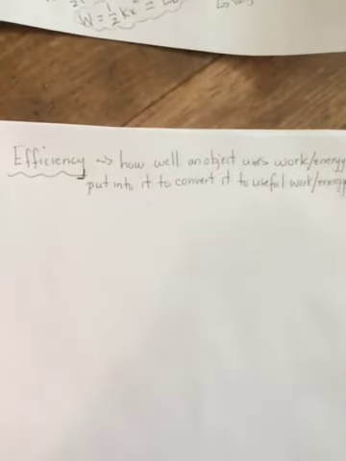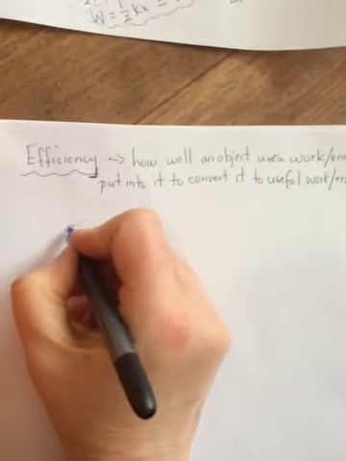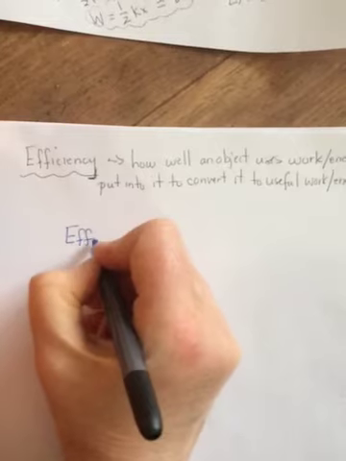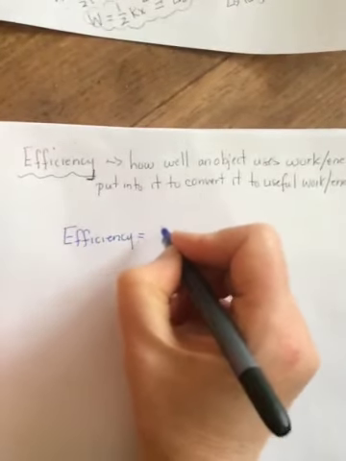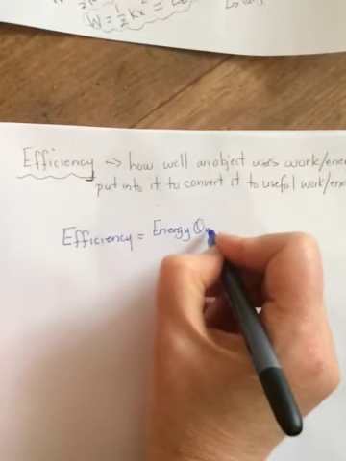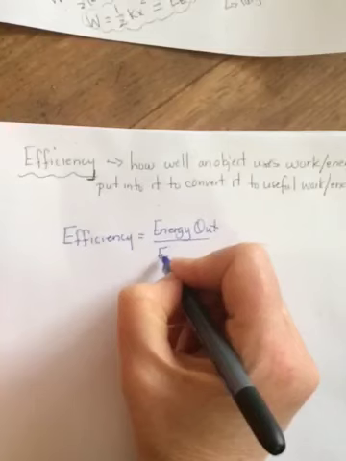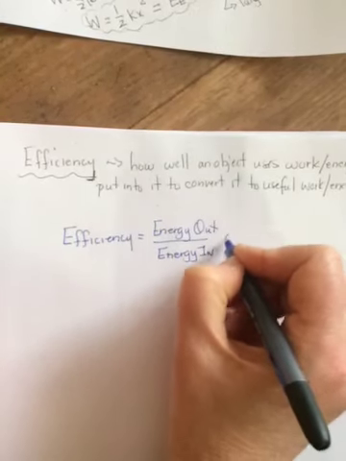There are two equations for efficiency. They're really the same. They're just written two different ways. So efficiency, and it's really a percent, is equal to the energy out over the energy in times 100.